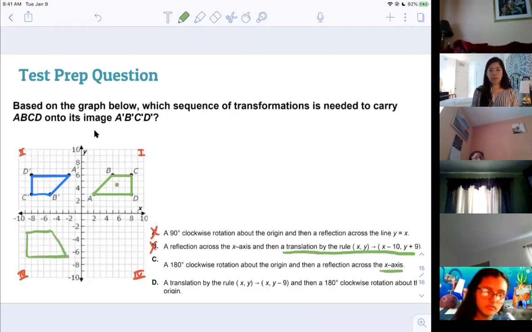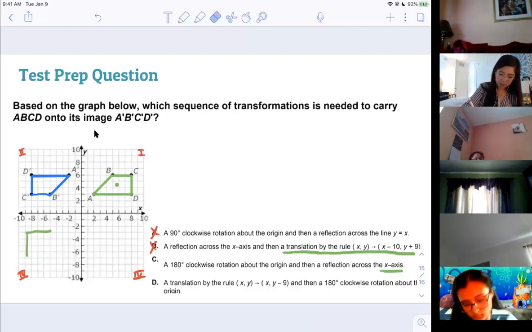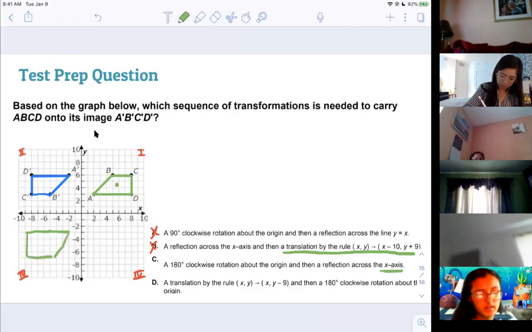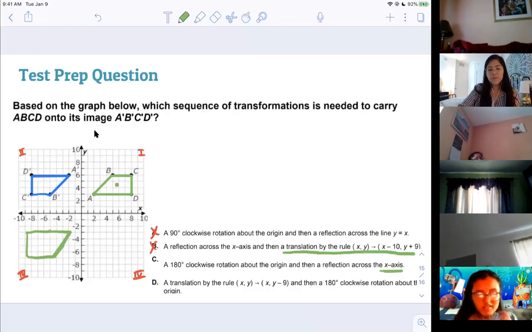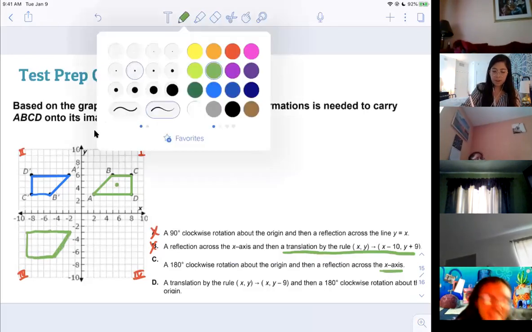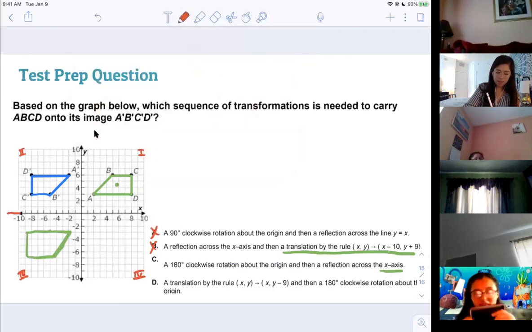It would flip over the x-axis. Actually, hold on, I keep drawing this wrong, you guys. I'm sorry. There we go. Miss, you're confusing us. I know. I think it will, because when we say reflection, it's not like it really flips, I guess. Wait, I don't know how to explain it.